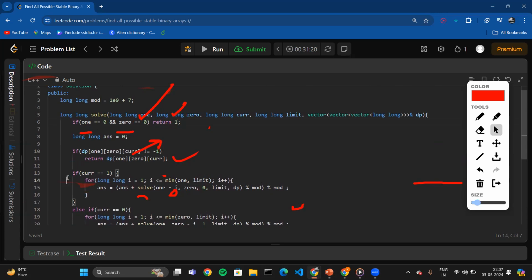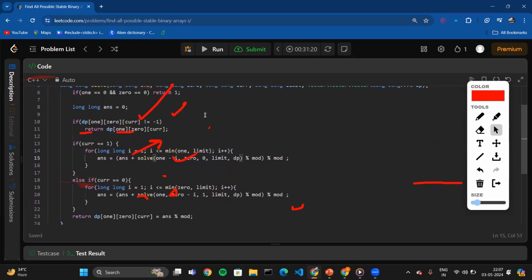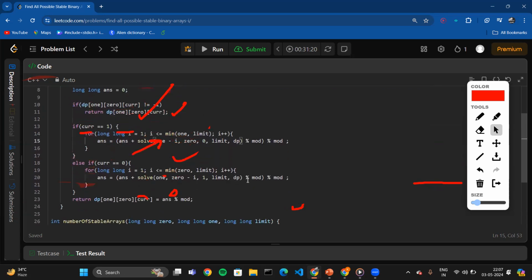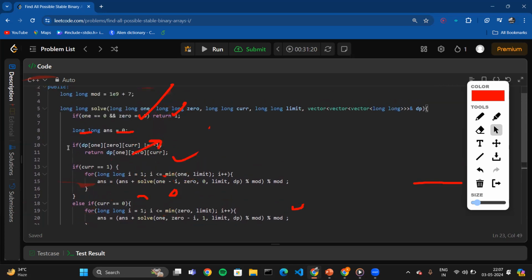If my current element is 1, then I try placing all possible ones I can, with my next element as 0. Similarly for 0, I do that. Finally, I store my answer in the DP. If it is already precomputed, then I can return. That is a basic rule of memoization.